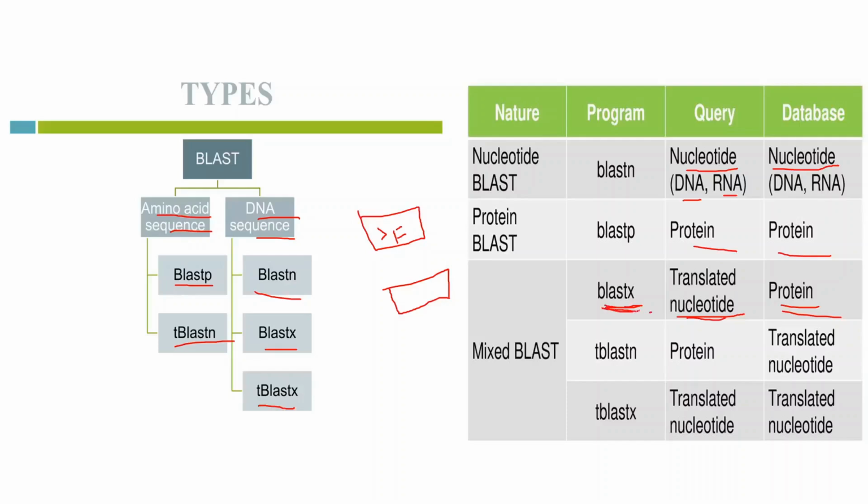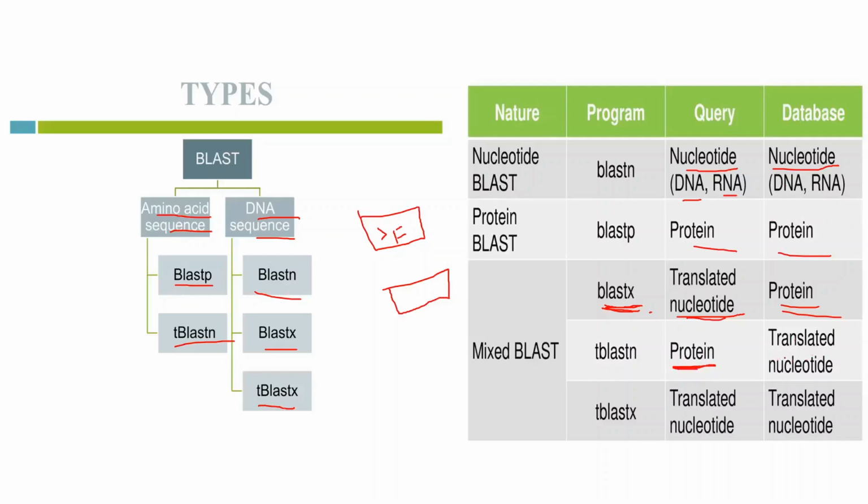The next one is TBLASTN. TBLASTN is just the opposite of BLASTX. Here your query sequence is protein, and your database is translated nucleotide.